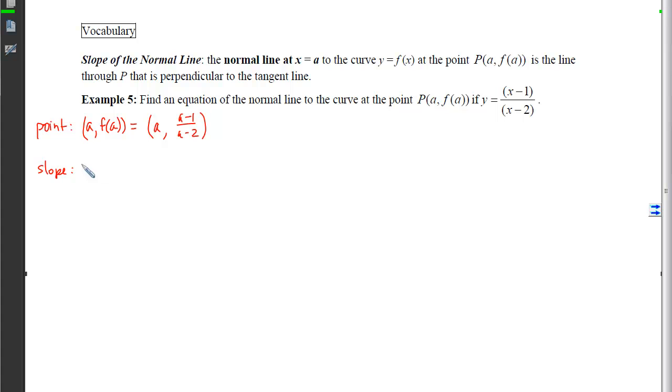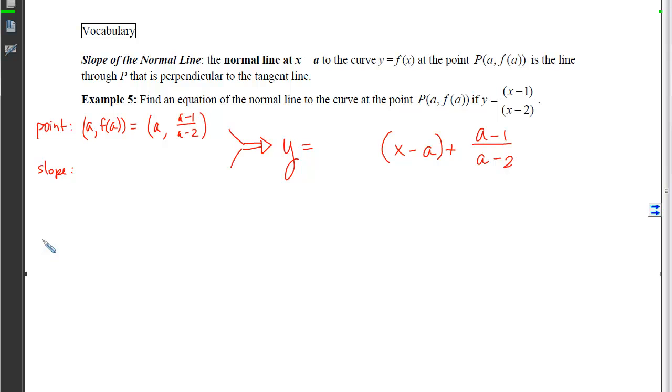So we're going to come back to this after we have found our tangent slope. Once we have the point and the slope, we're able to put them into the equation, which will be y equals a slope times x minus an x coordinate plus a y coordinate. So our equation of the line is going to have a bunch of a's in it, and that's okay. We just have to kind of keep everything straight.